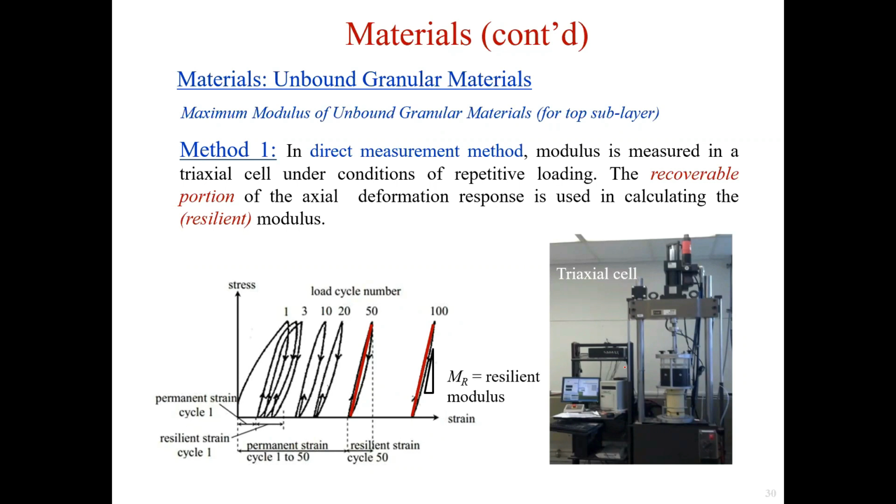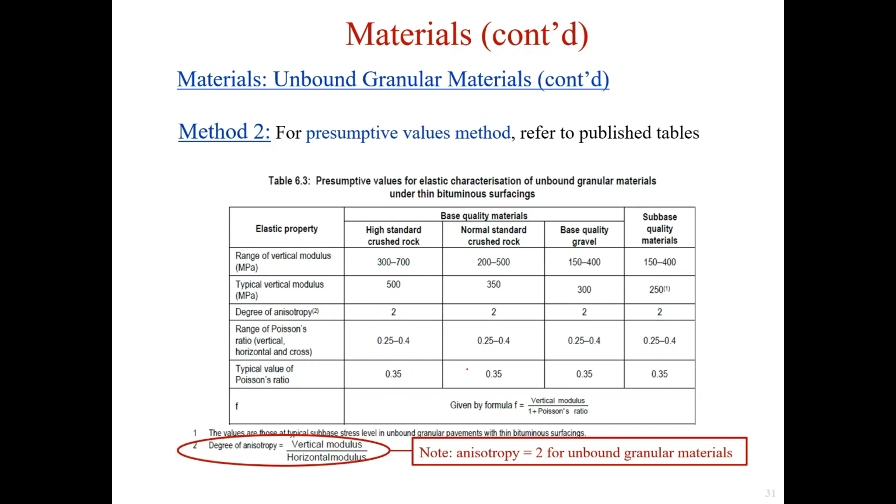So in this stress strain curve, the recoverable part of the actual deformation response, in other words, the gradient of the recoverable stress strain curve, is the resilient modulus, MR. The second method, or the presumptive value method, is to refer to empirical tables.